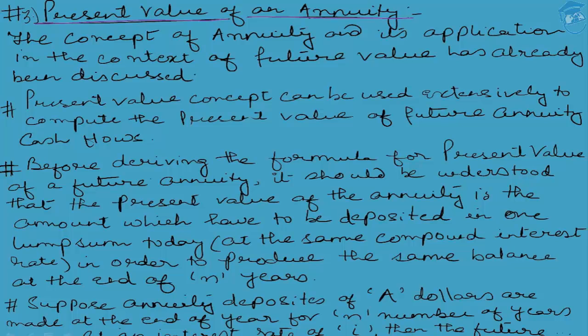So the present value concept can be used extensively to compute the present value of the future annuity cash flows. Yes, because annuities belong to the family of a stream of cash flows.